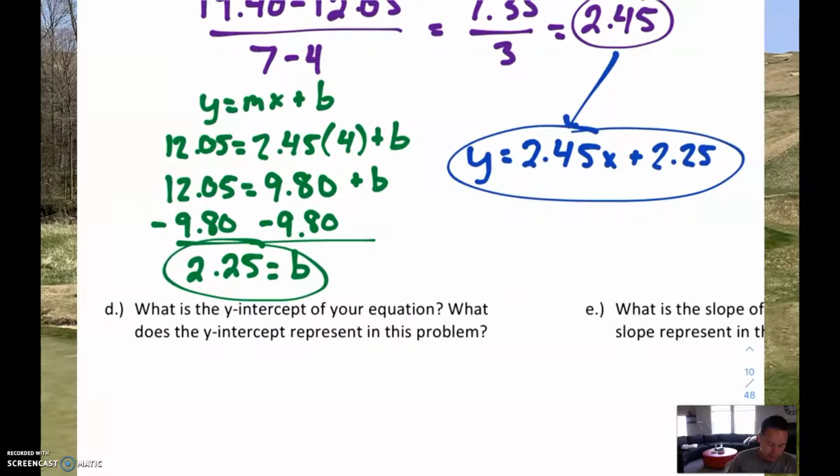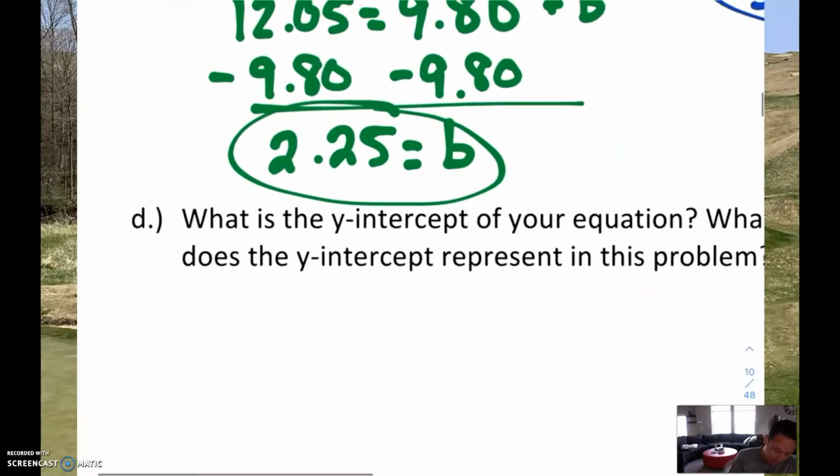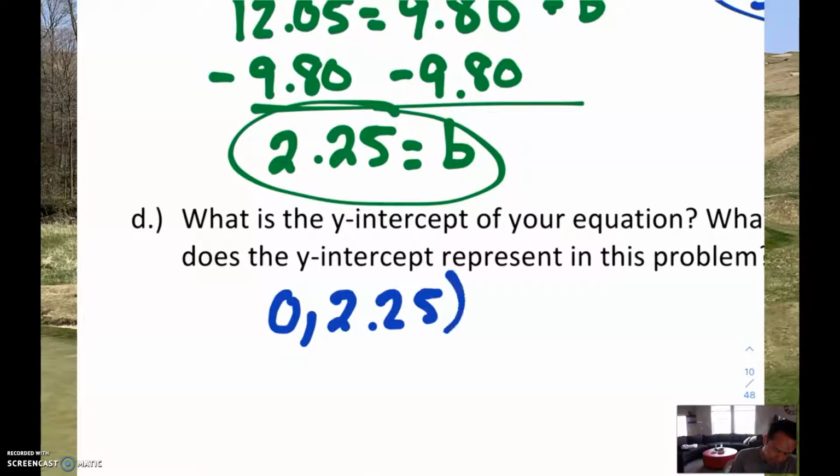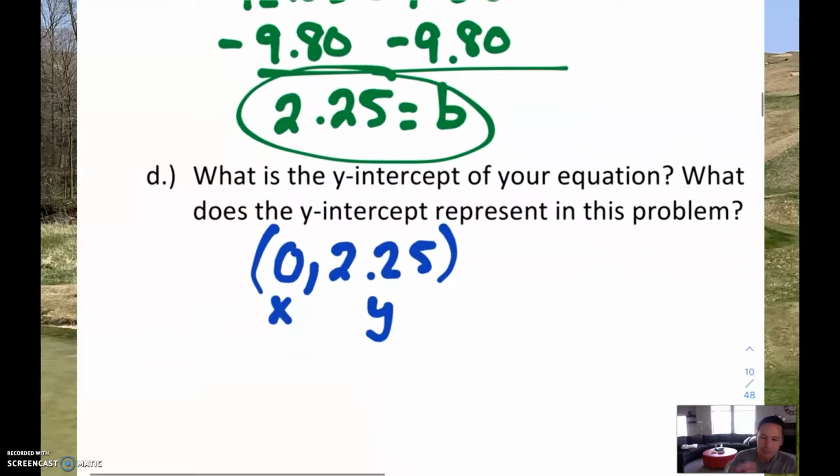First question asks, what is the y-intercept? Well, here's your y-intercept over here. So our y-intercept is (0, 2.25). I think it helps writing it as a coordinate. 0 is the x, 2.25 is the y. Remember, x represents how many miles you go. If you go for 0 miles, it's still going to cost you $2.25. So just to pick you up, that Uber driver has to get to your place.